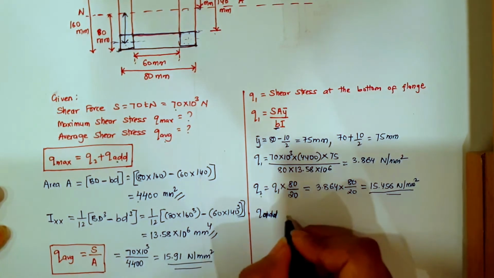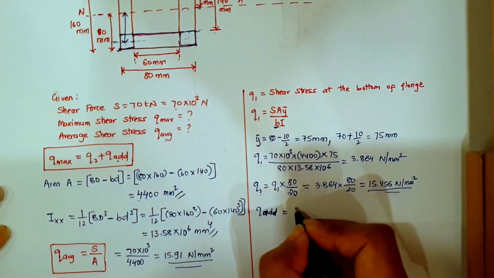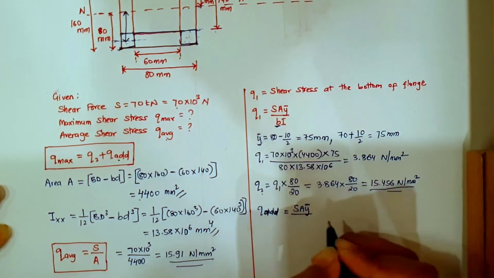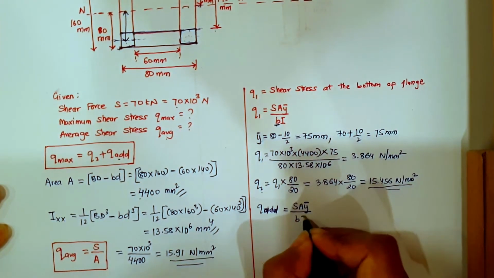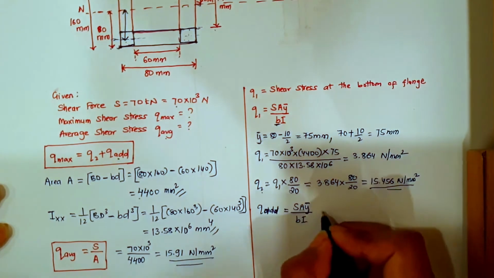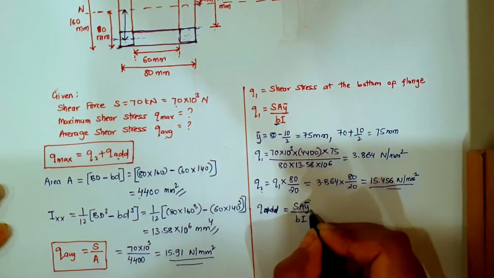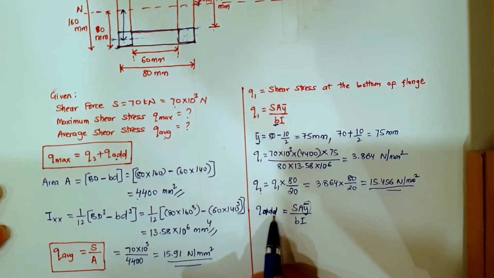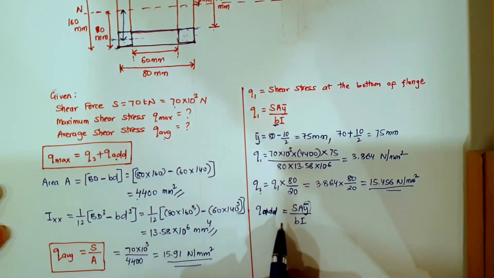Q add will be equal to S A y bar divided by B I. Now here, this Q additional is the additional shear stress due to the web area.